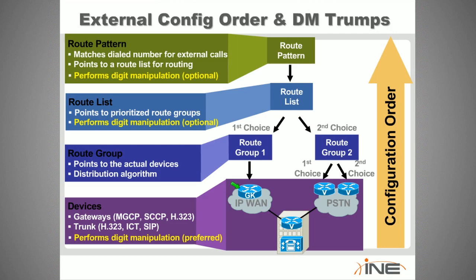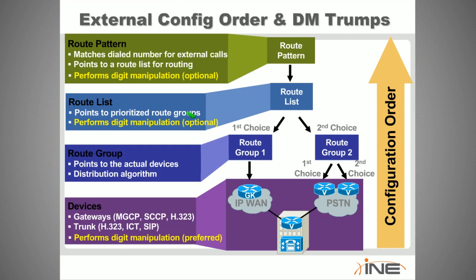If it's a trunk, before it goes out to the gatekeeper or goes out to the terminating SIP IOS device, if it's H323, before it leaves and goes out there. If it's MGCP, it's the last place that we can do it. But this is within the device page within CUCM, we have the ability to perform digit manipulation.